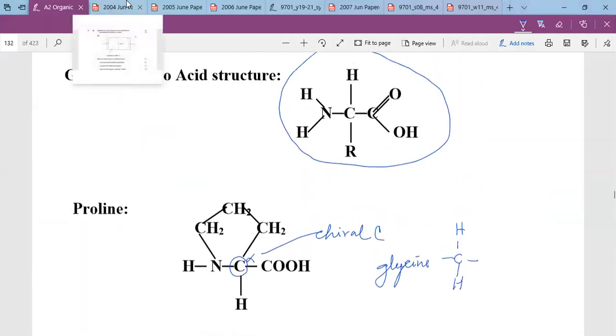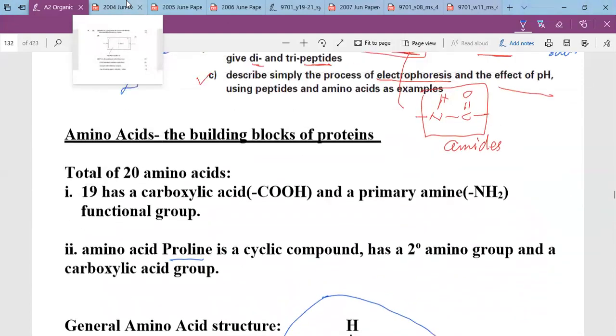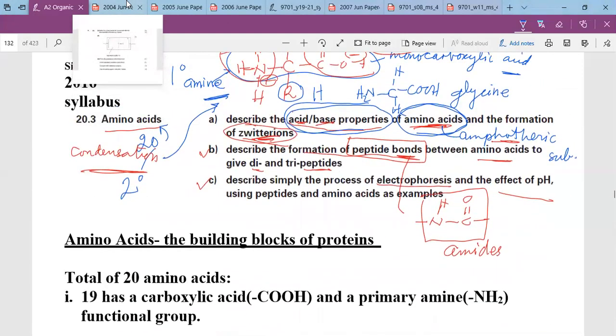In the beginning here, you see they say describe simply the process of electrophoresis. First of all, what is electrophoresis, and secondly, how does it work, the process. And then they ask you, what is the effect of pH on the process of electrophoresis?